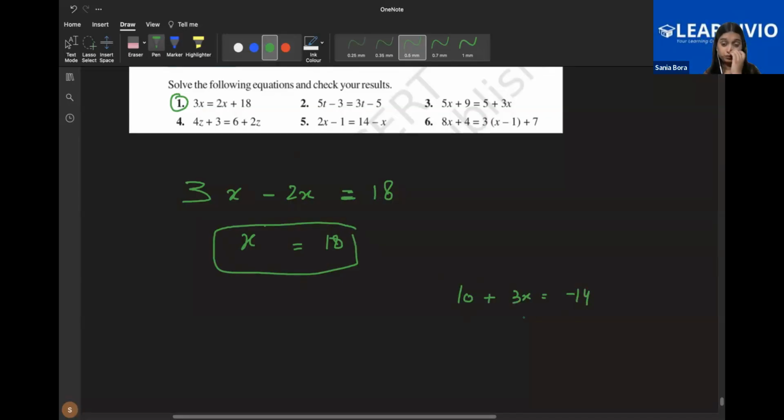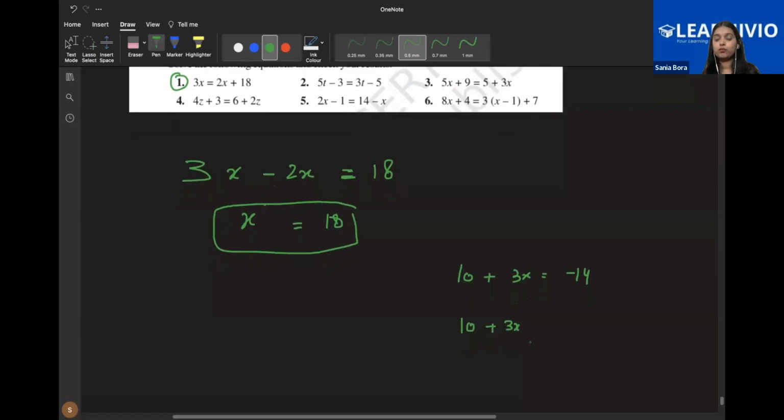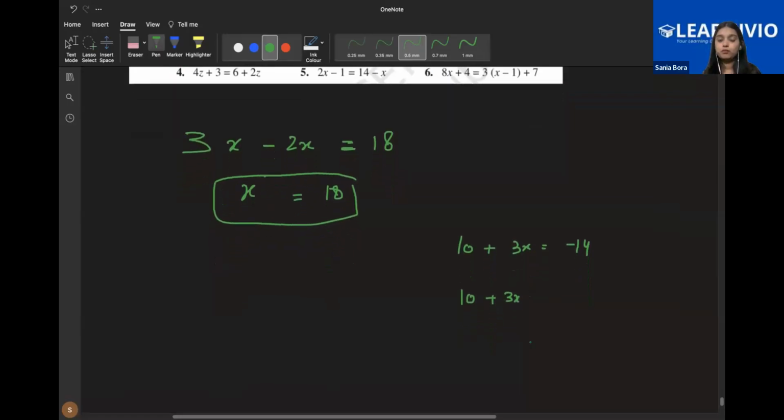So basically, how you do is that like 10 plus 3x, we have to add the same number to both sides, like 10 plus 3x minus 10, and equal here also minus 14 minus 10. Okay.